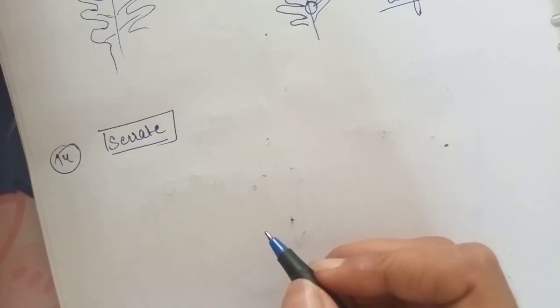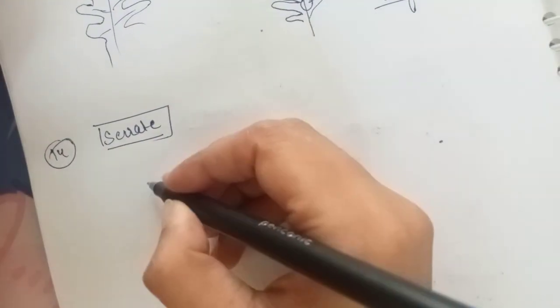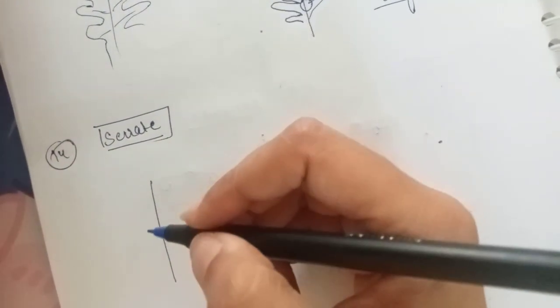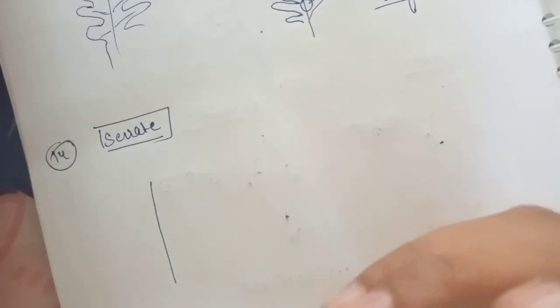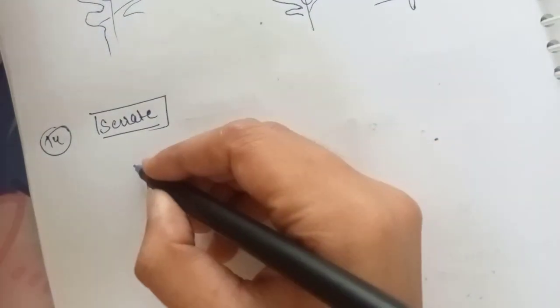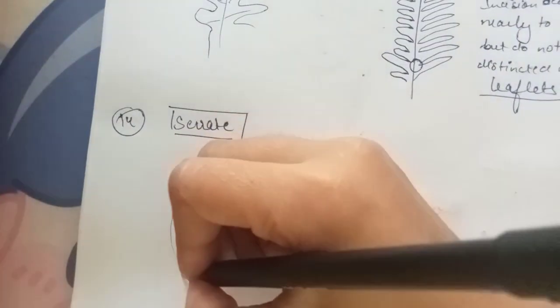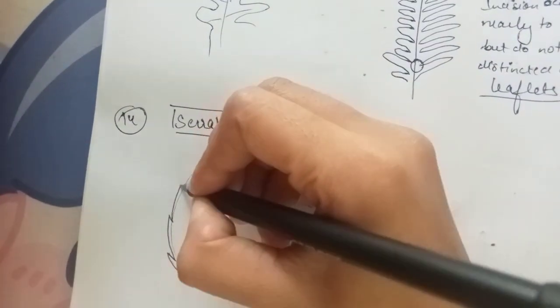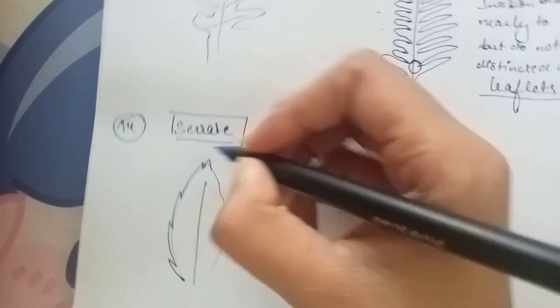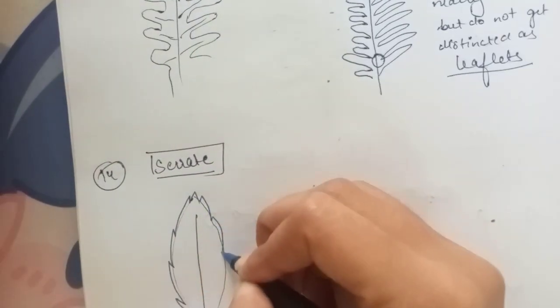In dentate, the toothed margins have to be perpendicular to the midrib or to the venation reaching that point, but in serrated this is not the case. Since this is the shape of the leaf, the tooth need not be perpendicular to the midrib.